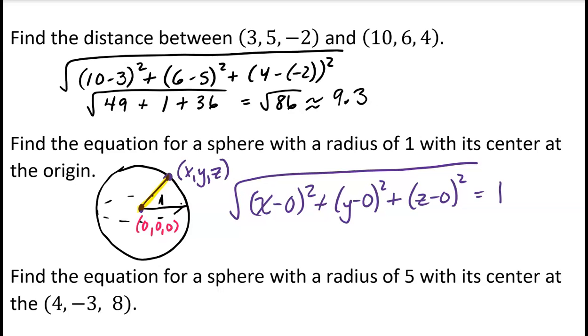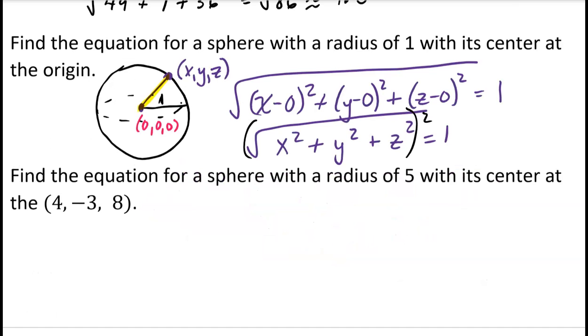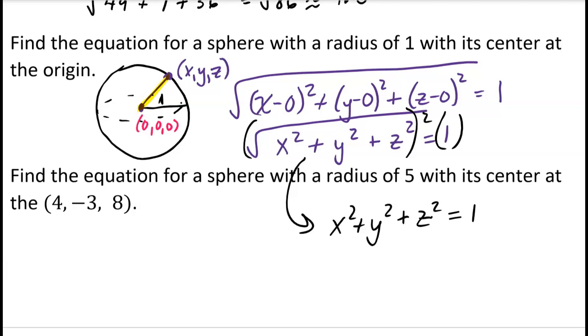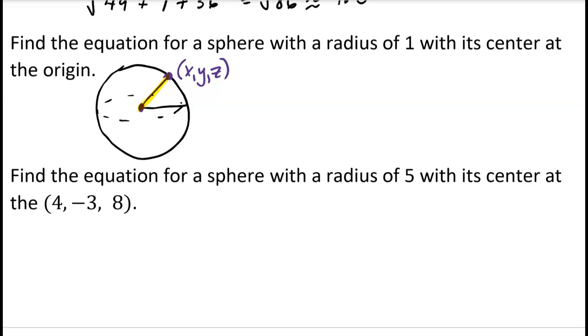Now, if I want to clean this up, I can just get rid of those zeros. And I can clean it up even a little farther by squaring both sides. Then I'll end up with x squared plus y squared plus z squared equals 1. And that is the equation for a sphere with a radius of 1 with a center at 0, 0, 0.